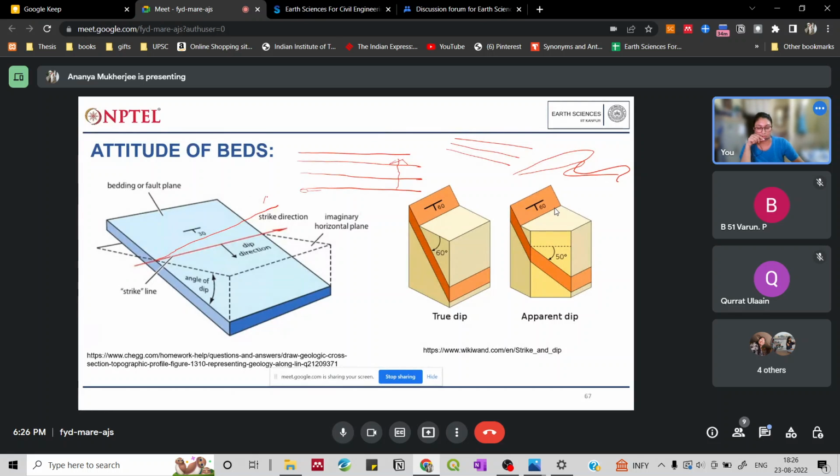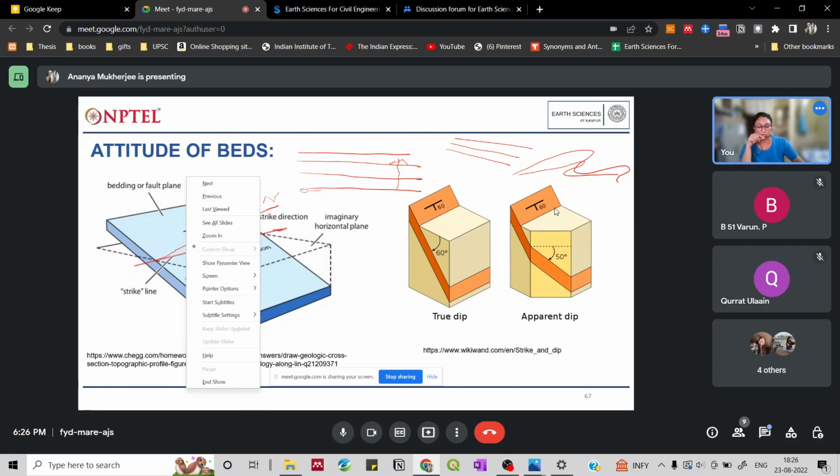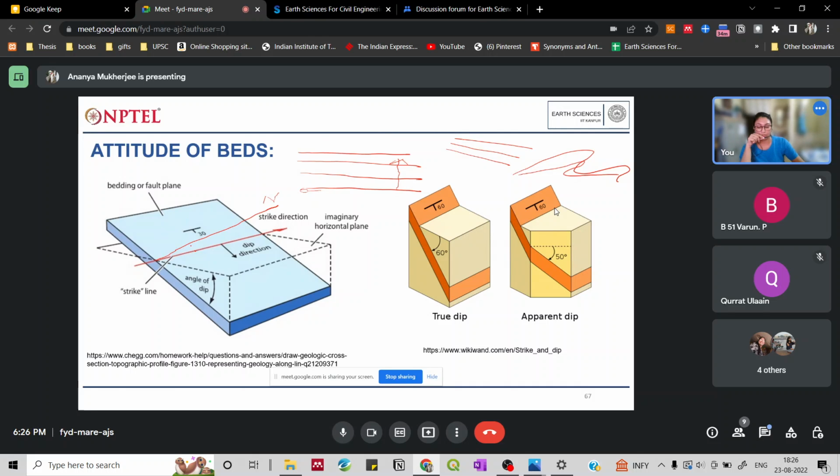So the strike direction of this bed will be measured from north. What is the angle that is produced by this strike line? This line is also called the strike line, so that will be your strike direction. Suppose this is 30. Don't look at this 30, this red 30. We will say that the strike direction is north 30. So that is your strike.